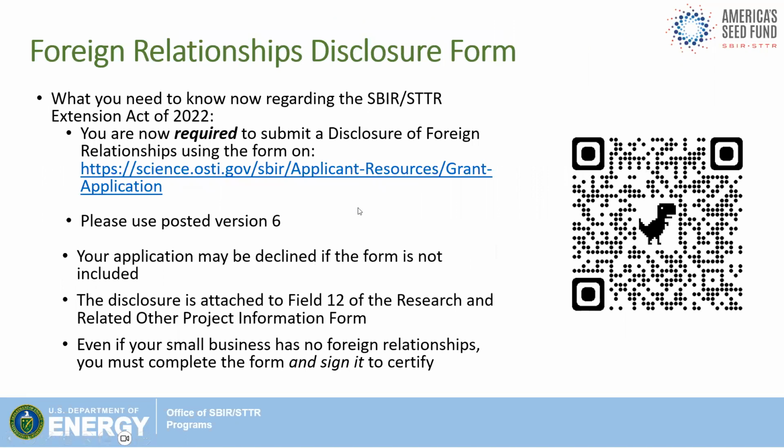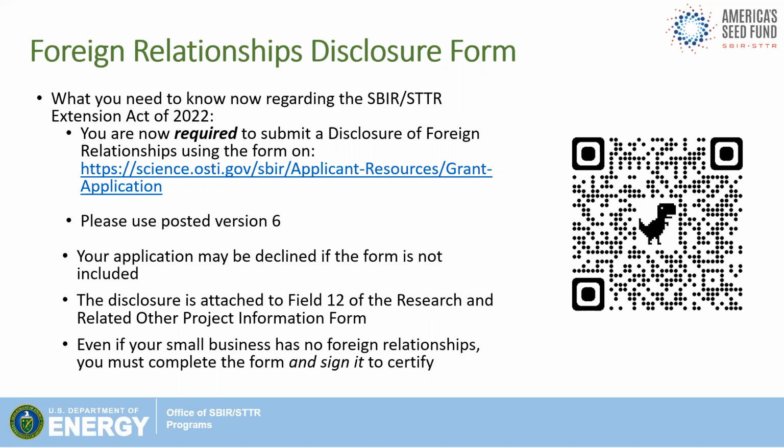Okay, and this is a requirement that began in fiscal year 2023, so it is 1 year old, but you are now required with your application to submit a disclosure of foreign relationships using the form that is on our grant application page. There have been a couple of versions. Right now, the version that's posted is version 6.